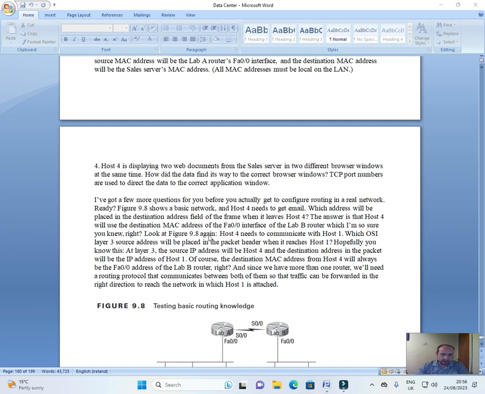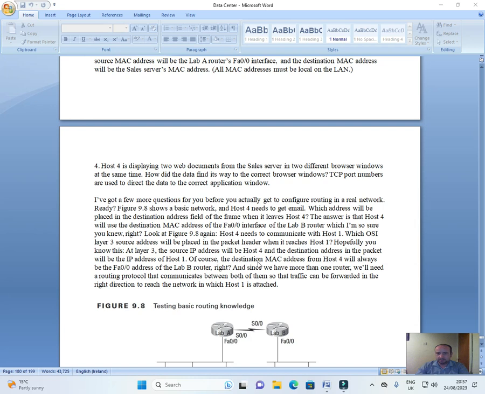Look at figure 9.8 again. Host 4 needs to communicate with host 1. Which OSI layer 3 source address will be placed in the packet header when it reaches host 1? Hopefully you know this. At layer 3, the source IP address will be host 4 and the destination address in the packet will be the IP address of host 1.